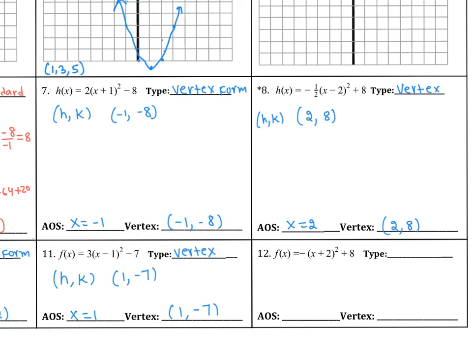For number 12, the h comma k is going to be -2 comma 8. Again, for h, you're going to use opposite sign, and it's again a vertex form. So vertex is -2 comma 8. Axis of symmetry is x equals -2.